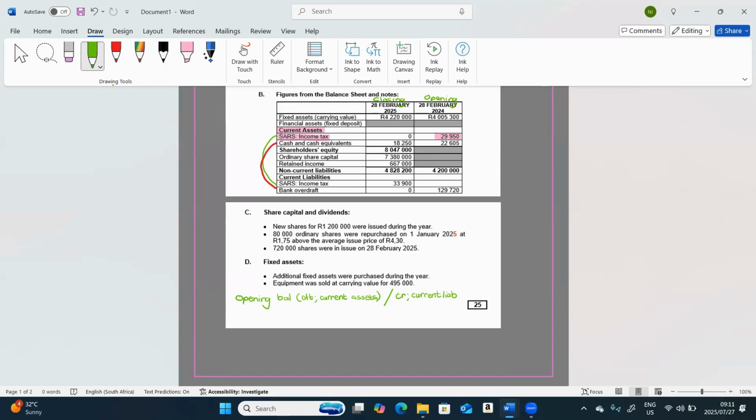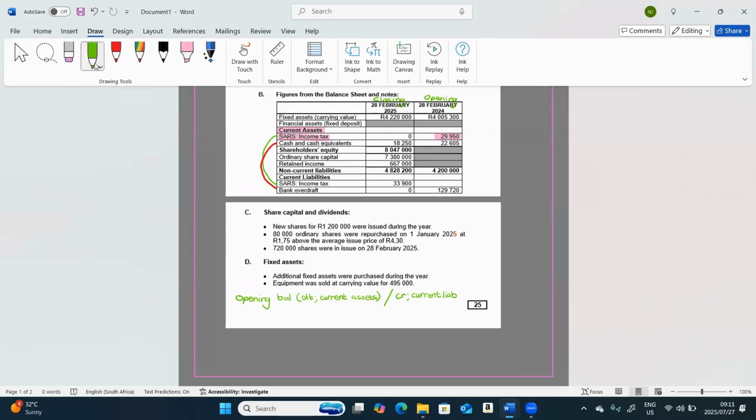Please remember this, that is very, very important. So if your opening balance is debit, under current assets, or a receivable, it will be in brackets. But when it's a credit, or under current liabilities, or a payable, then it will be a positive amount.